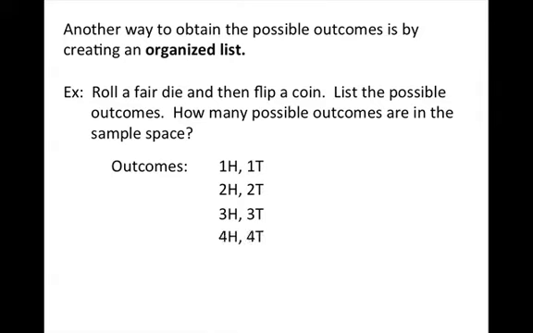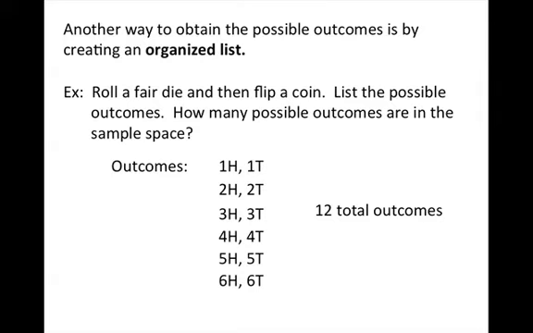A 4 followed by heads, and a 4 followed by tails. I could roll a 5 followed by heads, and a 5 followed by tails. And then finally, I could roll a 6 followed by heads, and a 6 followed by tails. If I add all of these outcomes, this gives me 12 total outcomes.